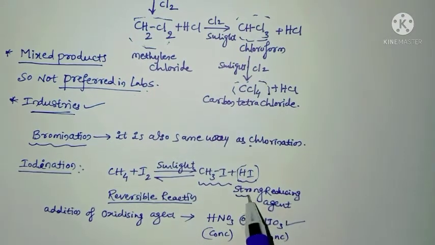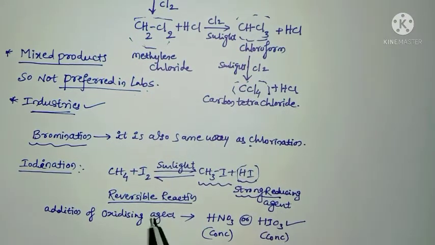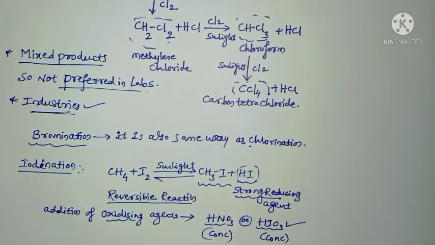Since HI is a strong reducing agent, in order to get the methyl iodide we have to use oxidizing agents such as concentrated nitric acid and concentrated HIO3. So this is about how we get the haloalkanes from alkanes.